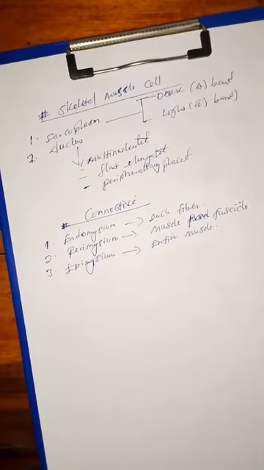Okay, so now what can you say about the histology of the skeletal muscle? Like I said, both cardiac and skeletal have striations. This one also has peripheral nuclei, located at the edge of the fiber.